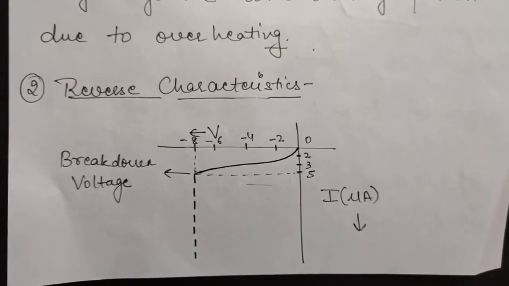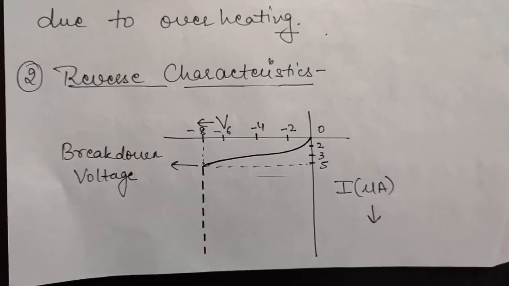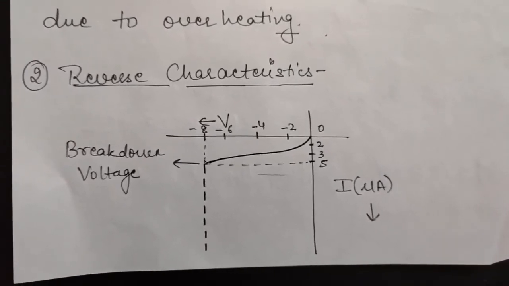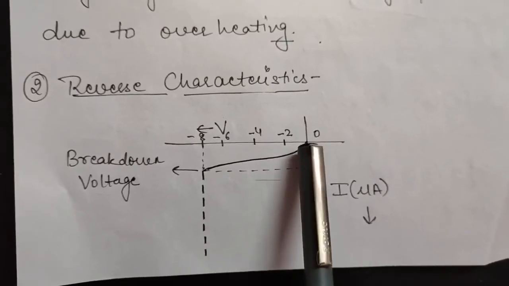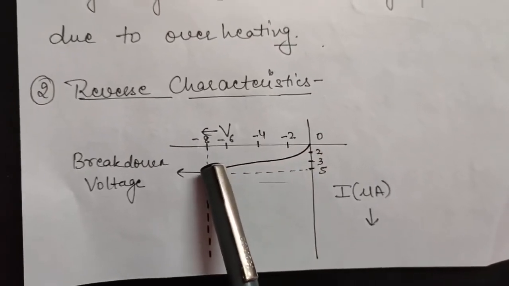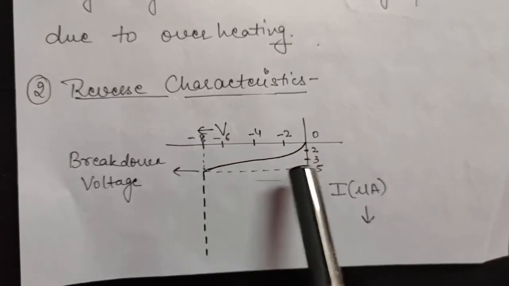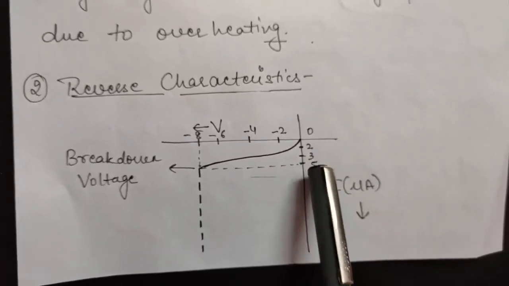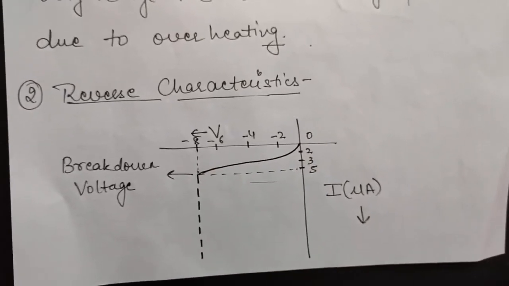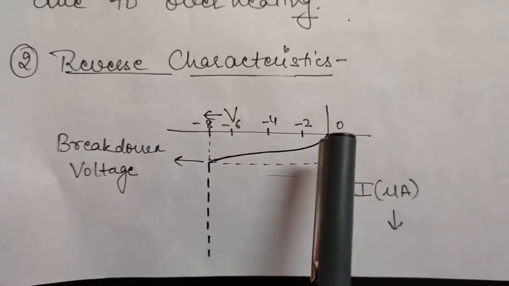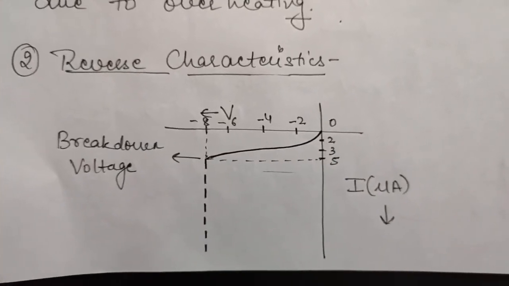As I already told you, reverse current is very small due to the very small amount of minority charge carriers. As you can see, we keep increasing voltage, but even at 8 volts the current is only 5 microamperes. That is very little current. So in this region, your reverse current is almost independent of voltage.